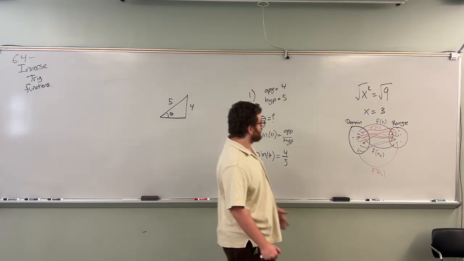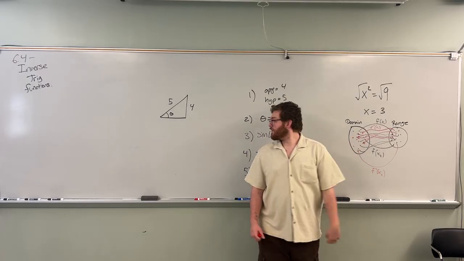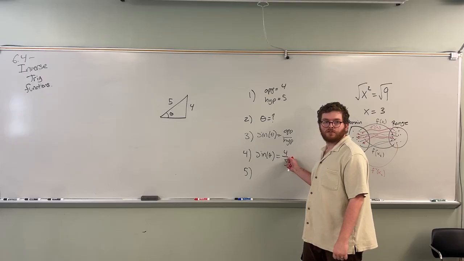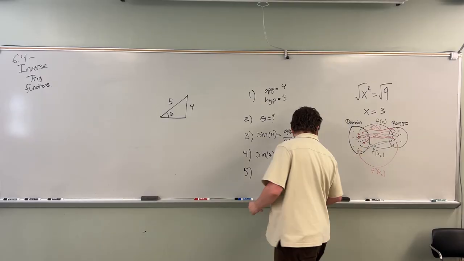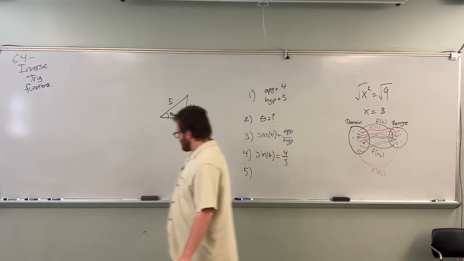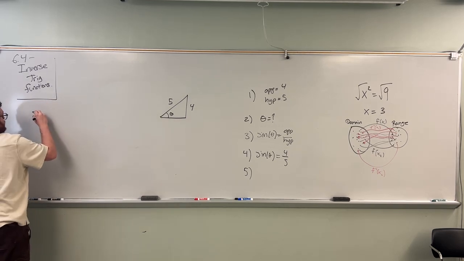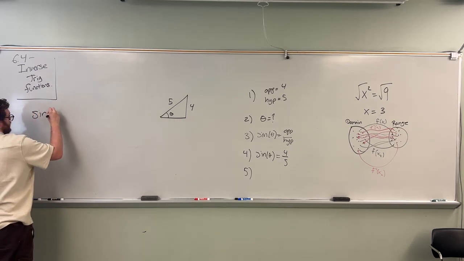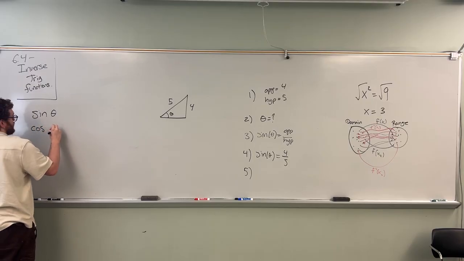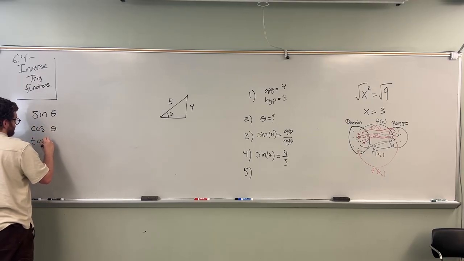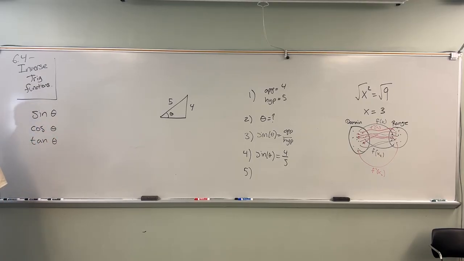All right. So now we want to do the same thing for this, and that's where inverse trig functions come in. When we talk about our big 3 trig functions, those are sine theta, cosine theta, and tan theta. They all have their inverses.